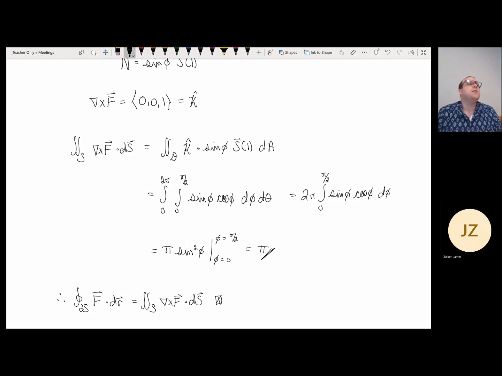And Stokes' theorem has been verified. The normal vector is known for a sphere. It's always a squared sine of phi times the parameterization for the unit sphere. A is the radius, so in this case, 1.